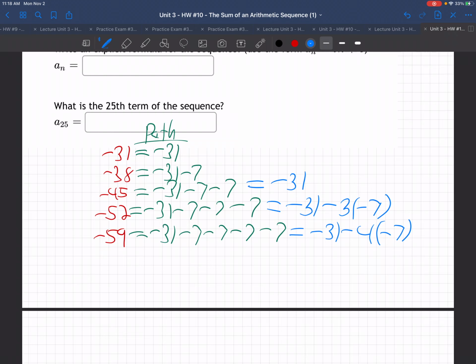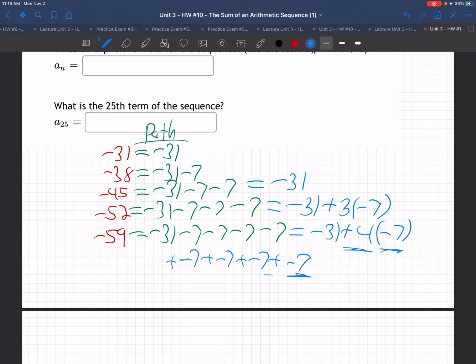Oh no, it's plus. Yeah, so I've got to be a little careful here, because it'd actually be minus 31 minus 28. Yeah, that's right. So you've got to be careful. You're adding 4 negative 7s. In a sense, this is adding negative 7, adding negative 7, adding negative 7.